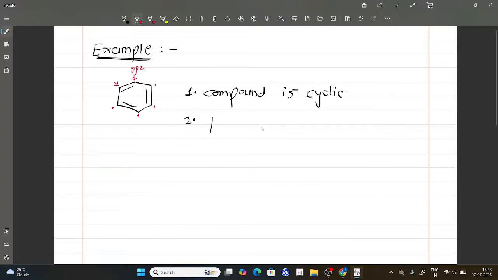All are double bonded carbon atoms. Hence, all carbons are sp2 hybridized. As all carbons are sp2 hybridized, our compound is planar.